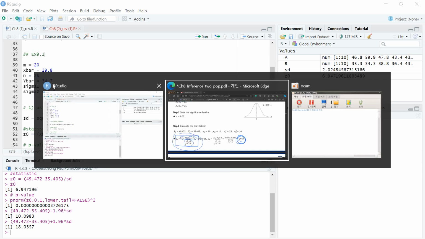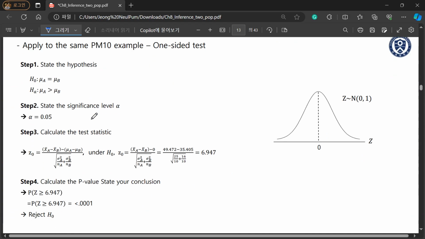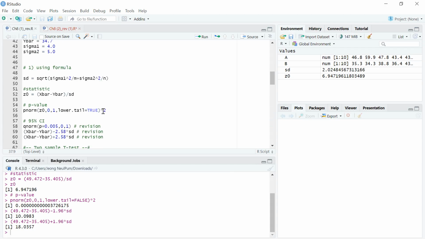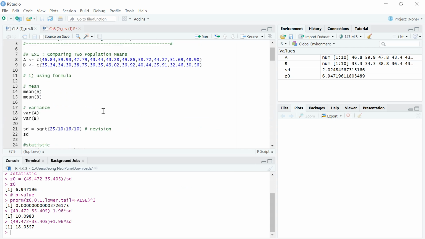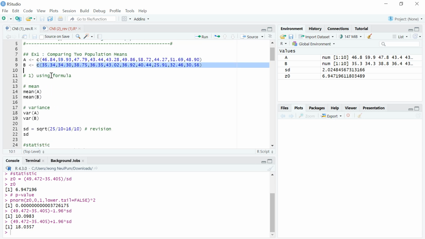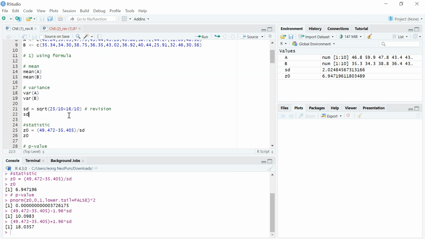And the next example is this one. Oh yeah, I'm sorry, there's one more update. I remember that I used the variance of each sample when we solved example number one.